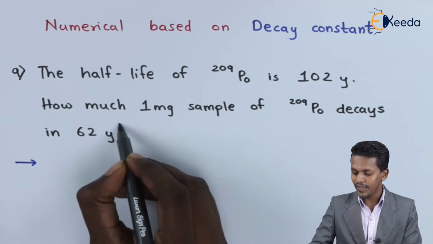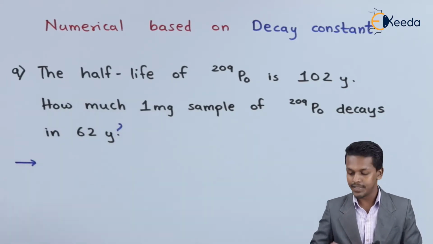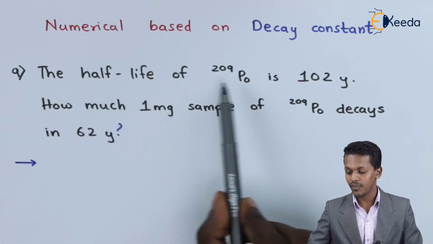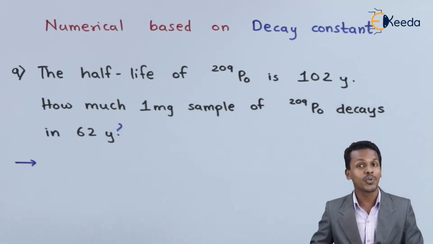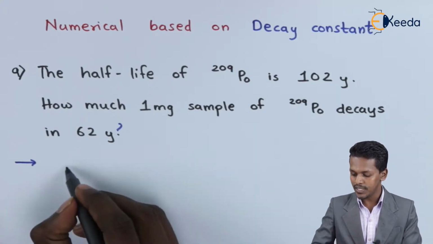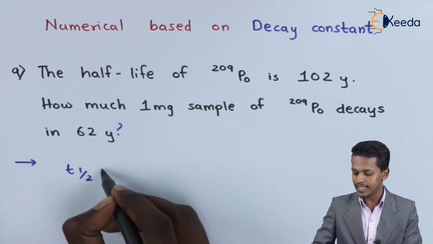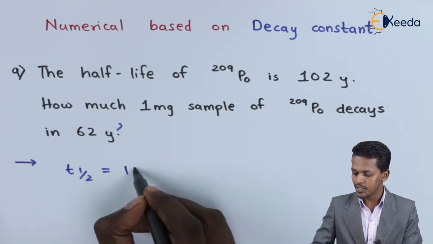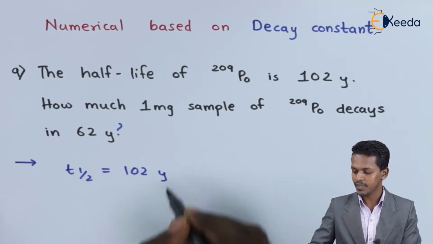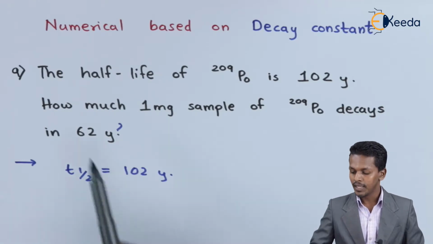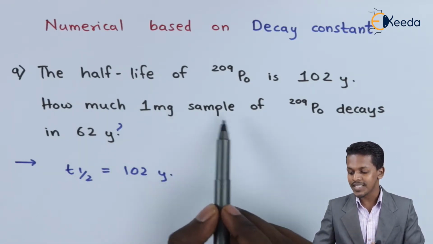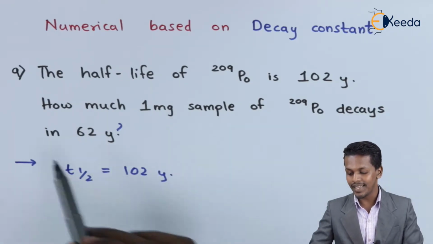For that we have certain details. The half-life for this polonium is found to be 102 years, so we can write T half is equal to 102 years, where Y represents years. How much of a 1 milligram sample of polonium decays in 62 years?